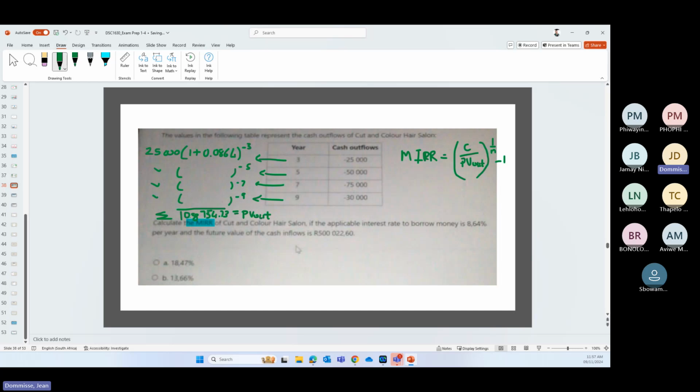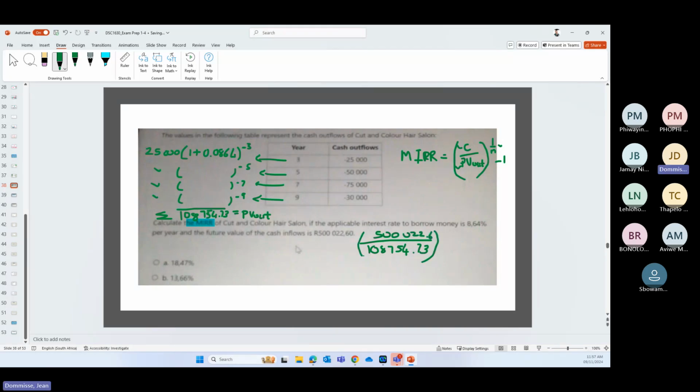Okay, so then we have our PV out. They've given us the future value of those inflows. We know, I hope we know the time, the N is 9. So then we can use this formula, 108,754.73 will be the 500,022.6.